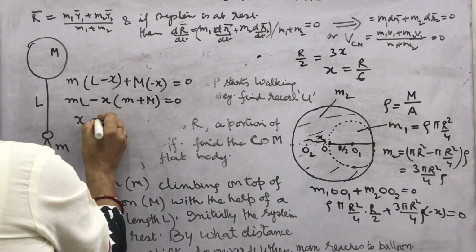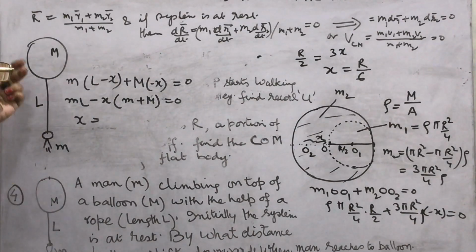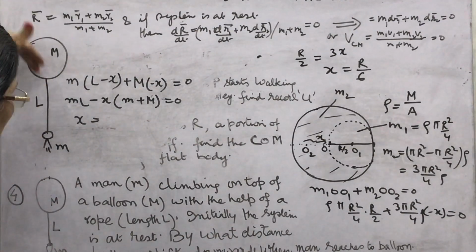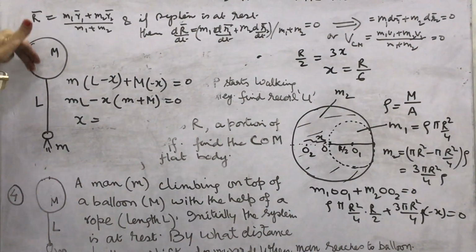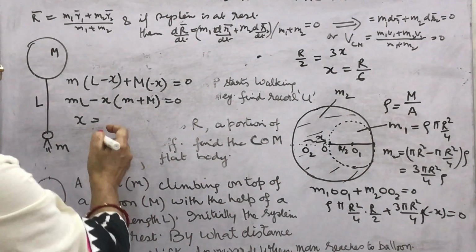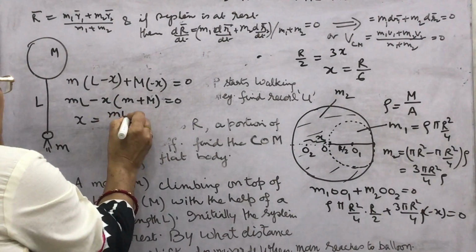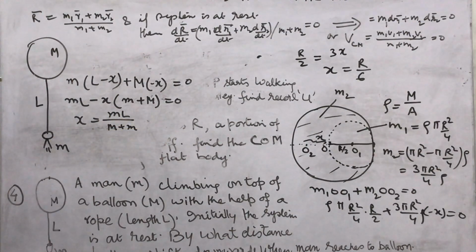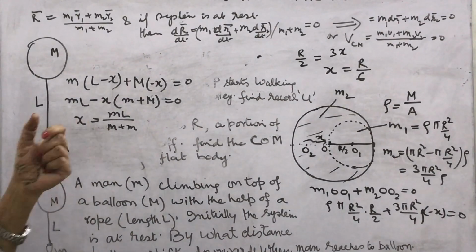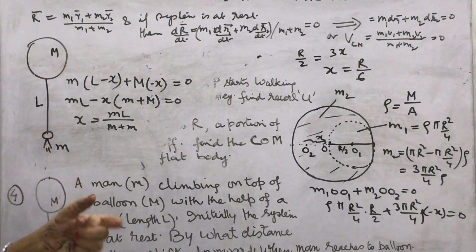So what will be X? You have to find the displacement of the balloon in the downward direction. This X will be ML upon M plus M. Options are given, then you have to select the correct one. So in this way this is solved.